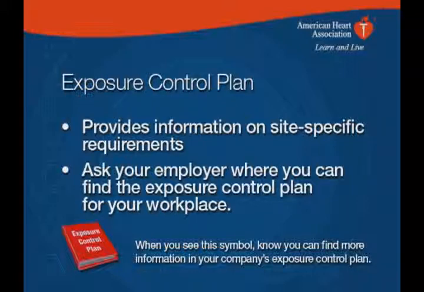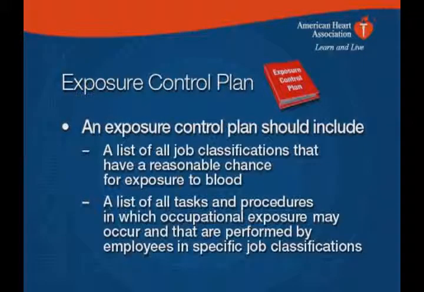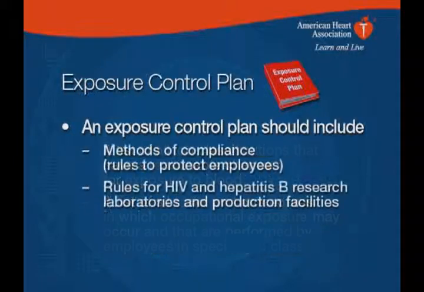Your workplace has an exposure control plan with more information on site-specific requirements. Ask your employer where you can find the exposure control plan for your workplace. When you see the exposure control plan symbol, know that you can find more information in your company's exposure control plan. An exposure control plan should include the following: a list of all job classifications that have a reasonable chance for exposure to blood, a list of all tasks and procedures in which occupational exposure may occur and that are performed by employees in specific job classifications, methods of compliance, which are rules to protect employees, and rules for human immunodeficiency virus, or HIV, and hepatitis B research laboratories and production facilities.